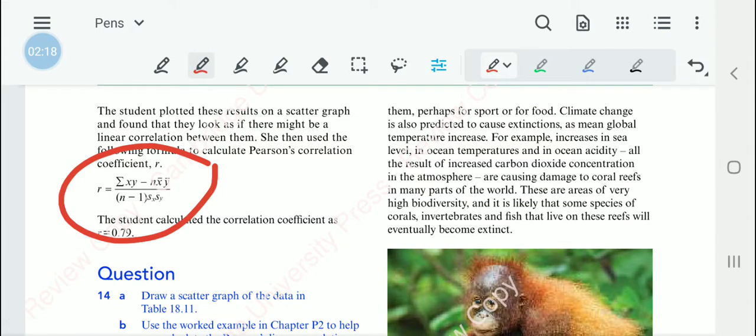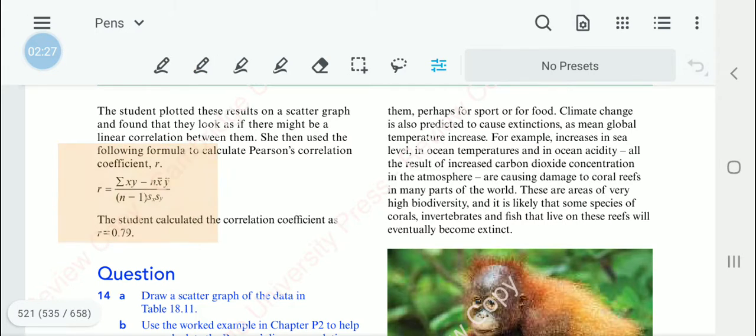Once again, remember that if you have to calculate them, the equations will be given. So you don't have to learn these equations by heart, but you need to know how to use these and what exactly to do.